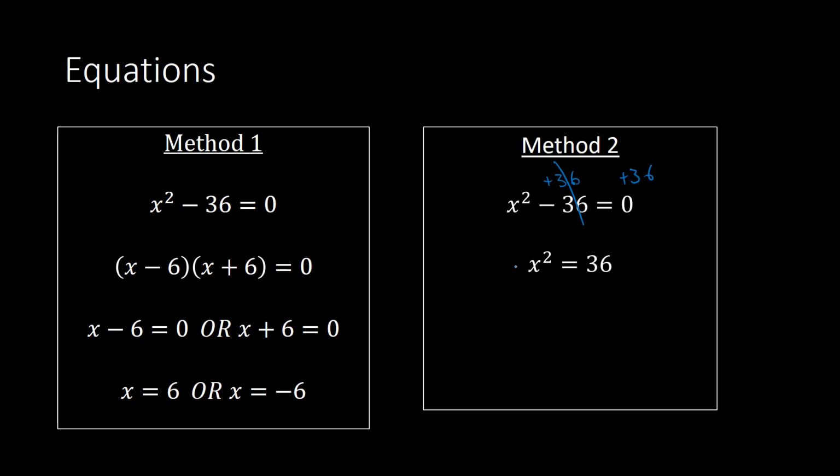From here, I can take the square root of both sides, and the square root will cancel. I'm left with an x on the left side, and the square root of 36 could be either a positive 6 or a negative 6. So either method works, and it doesn't matter which method you use as long as you get the correct solution. But make sure you realize you can use either method, because there are cases when one method might be better than the other.